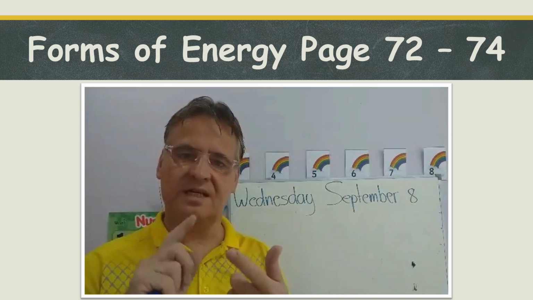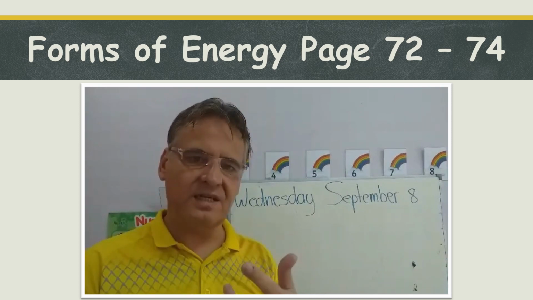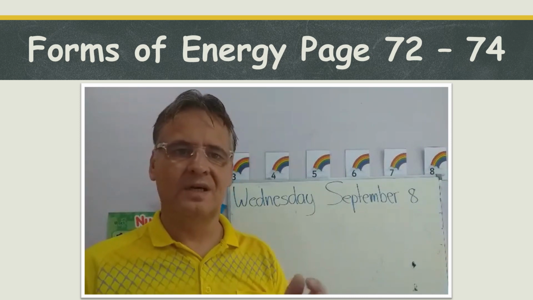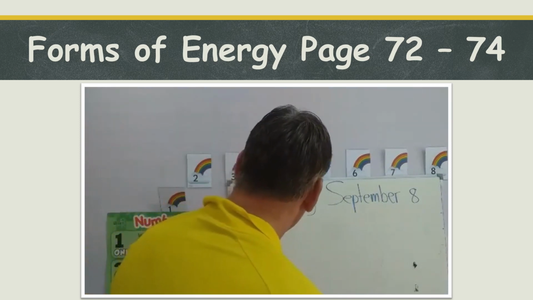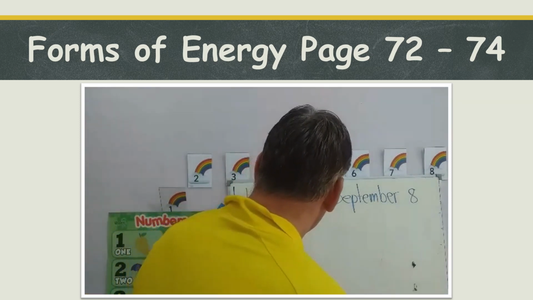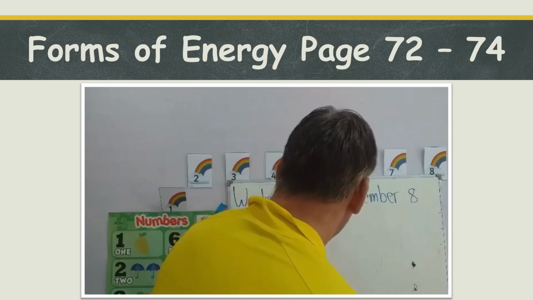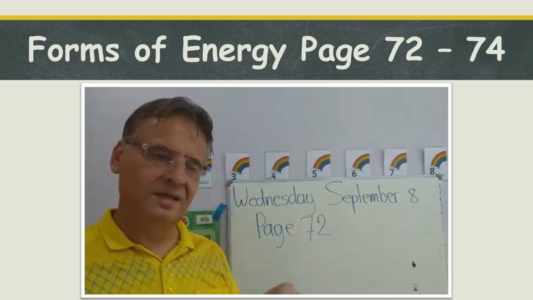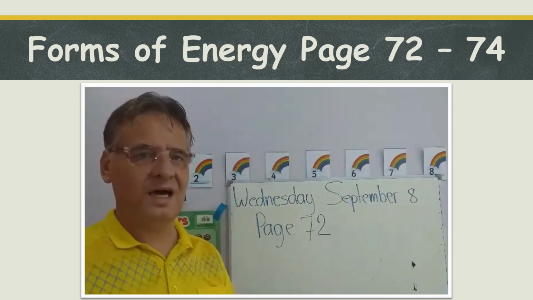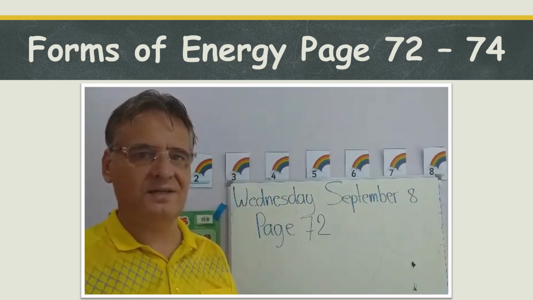Potential energy, kinetic energy, gravitational energy, and so on. So go to page 72. We start at page 72. Okay? I will see you after we read about the energy.